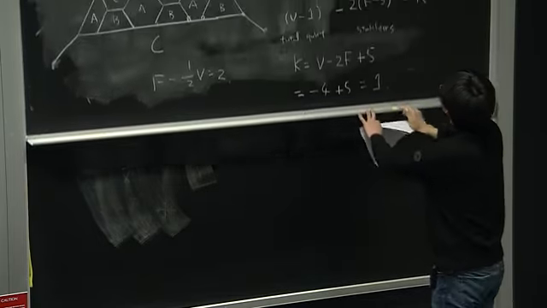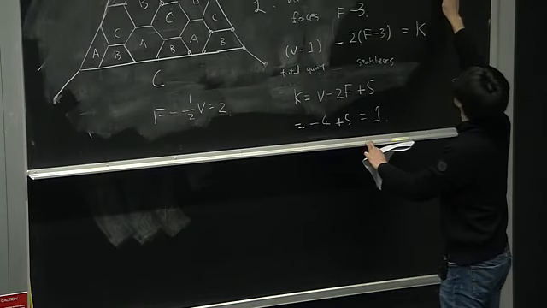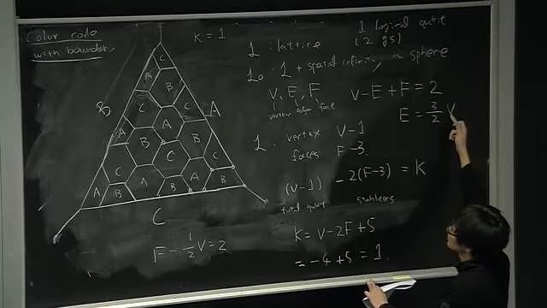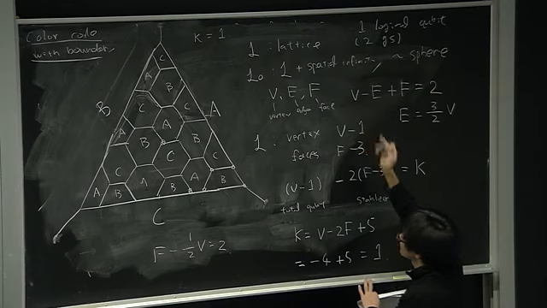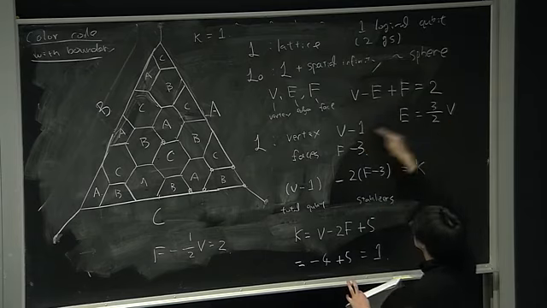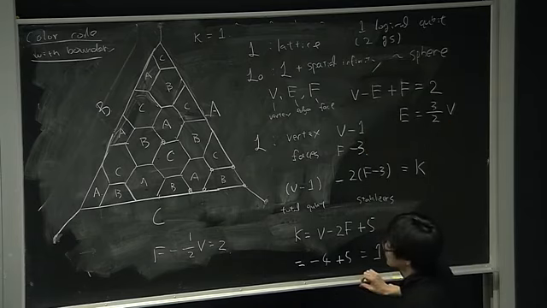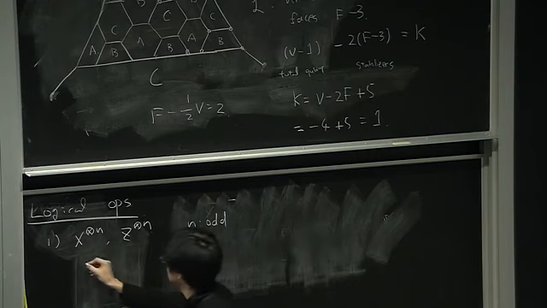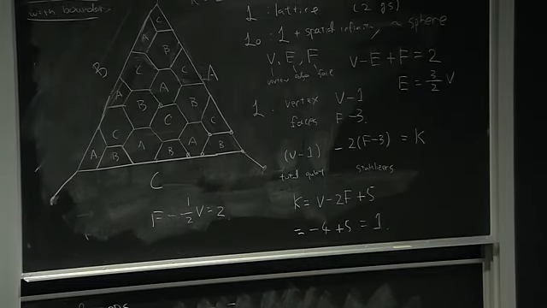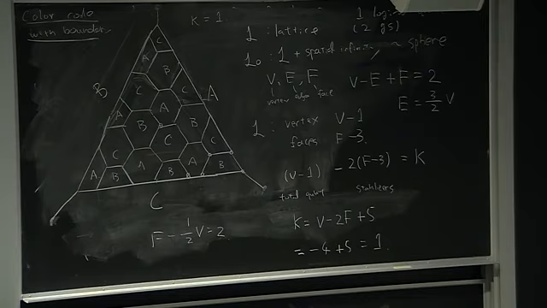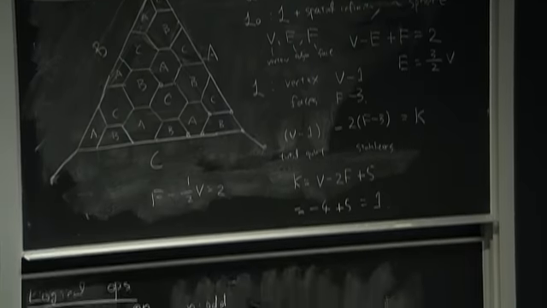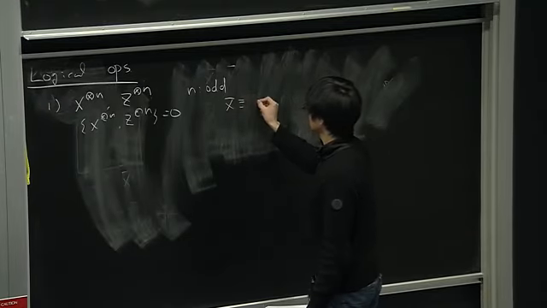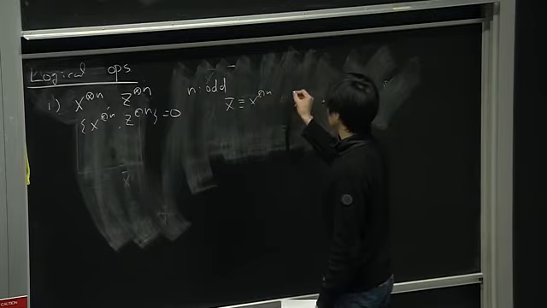Well, this equation does not make any sense if v is an odd number. So v must be an even number, and then v minus 1 is odd. But it's just an observation. The important point is that these act like a logical X and logical Z.